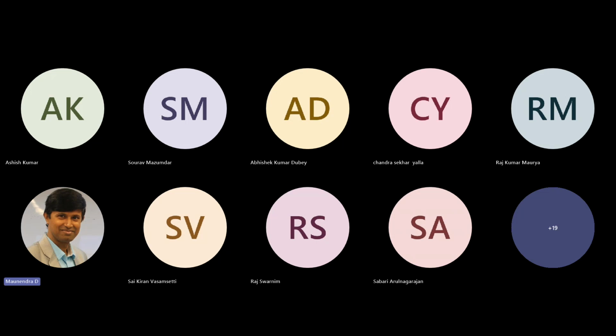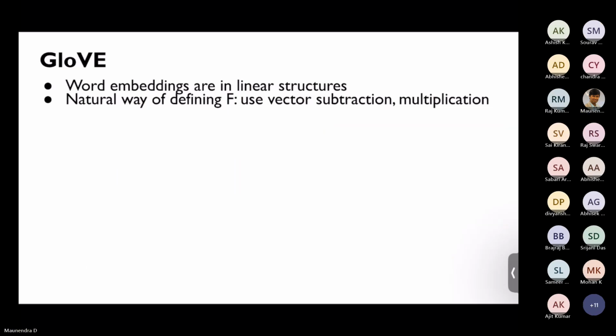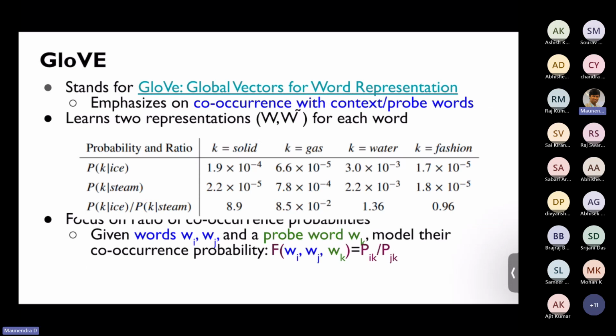So they say that instead of seeing whether two words are in the same context, let us look at what other words these two words co-occur with. For example, here we are looking at the words ice, steam, solid, gas, water, and fashion.